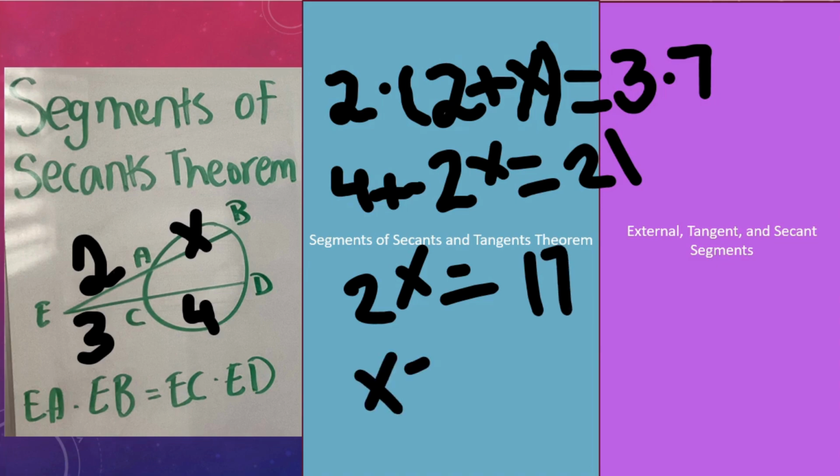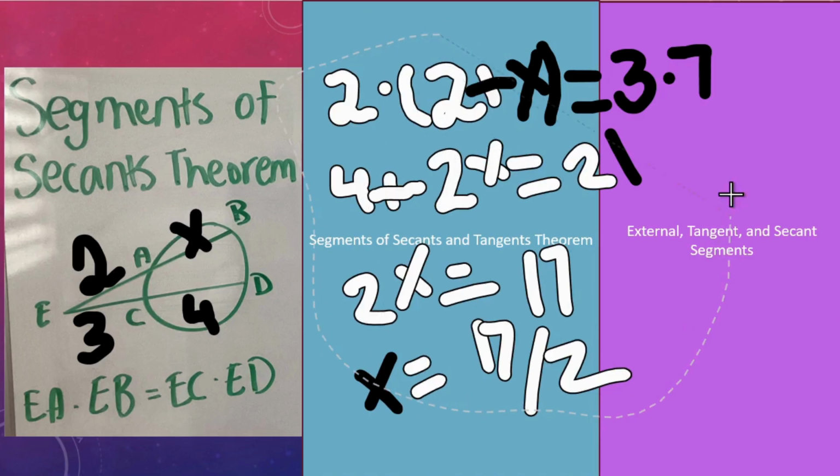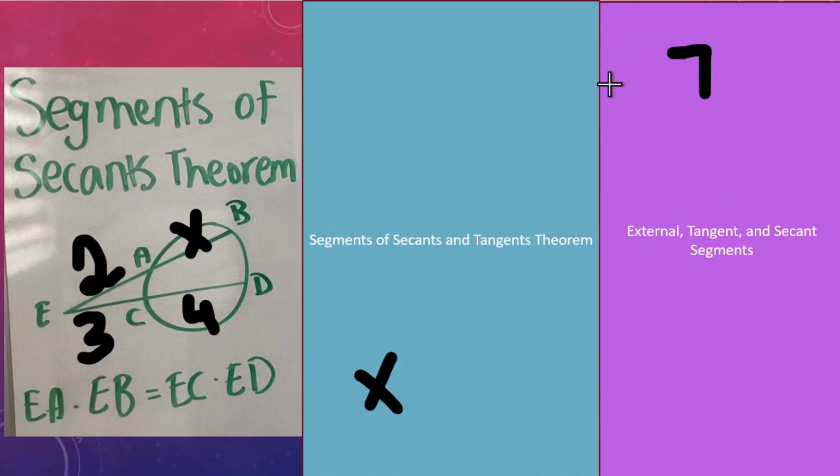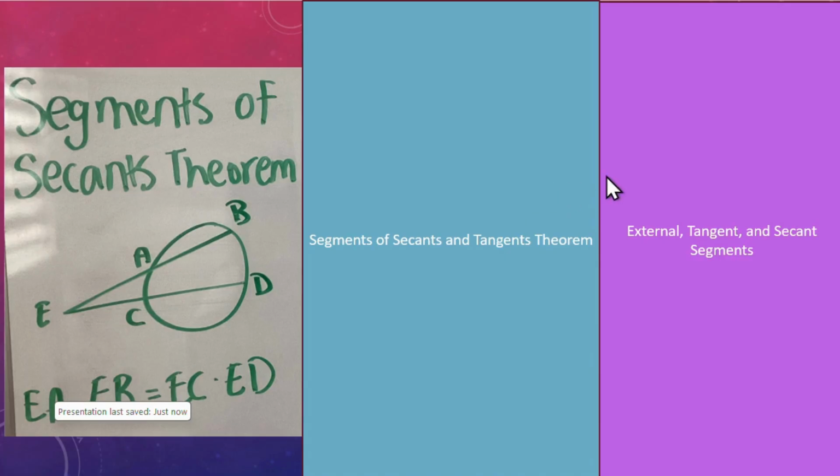Just giving you all time to do the math. Okay, 17 over 2. So basically 8.5 is equal to X here. That is basically what we're trying to do there. I'm just trying to clean this up really. So I hope that made sense.